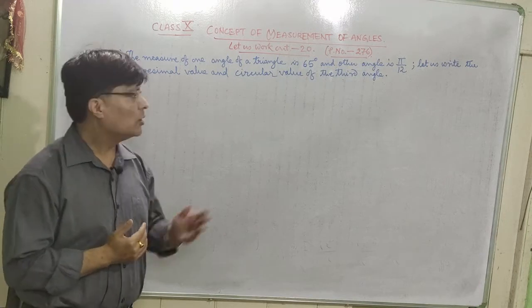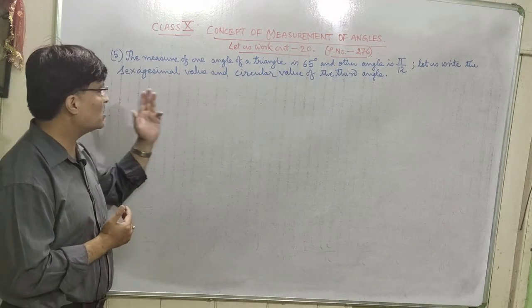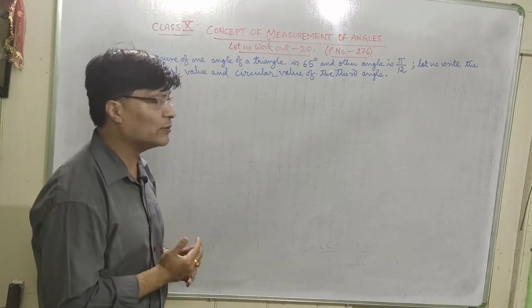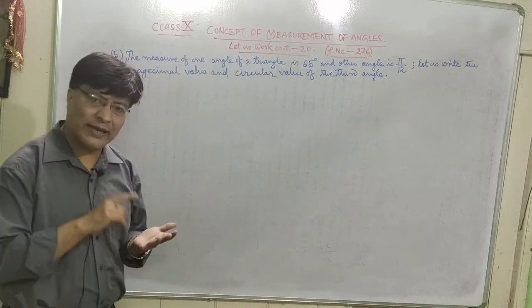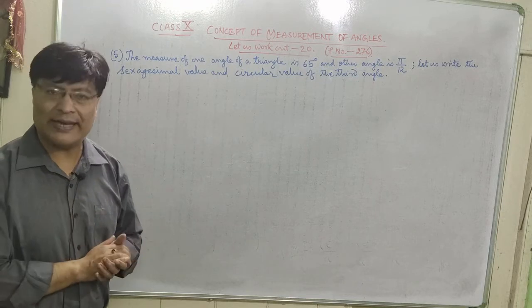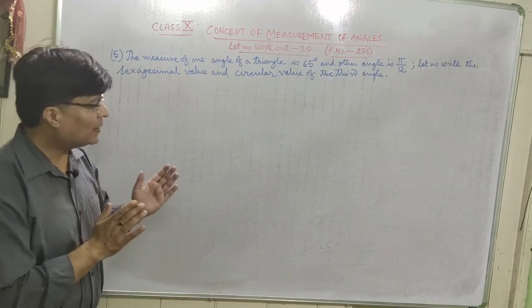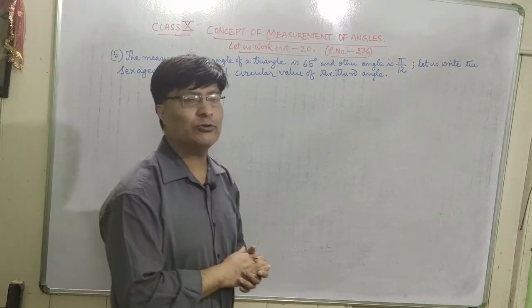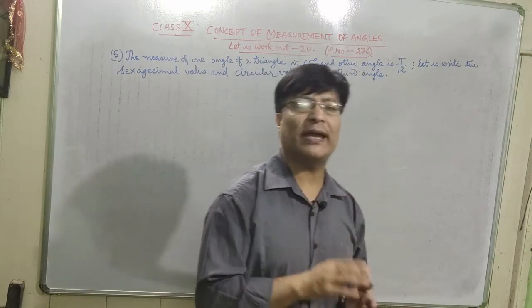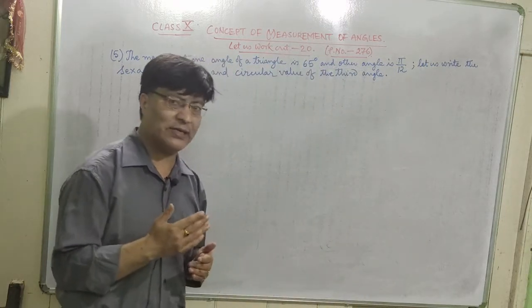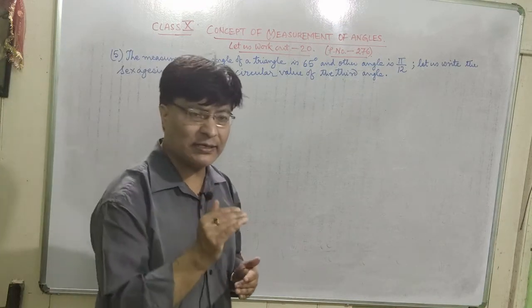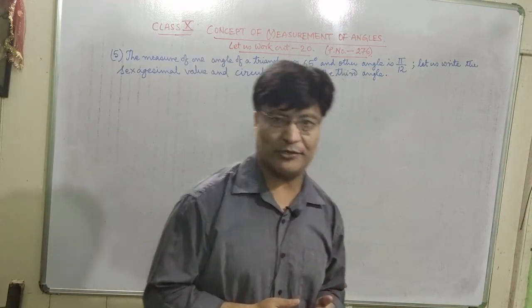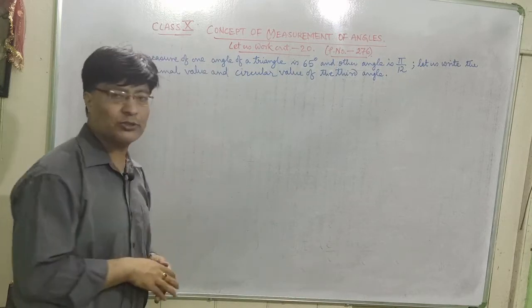You have to find out the sexagesimal value and the circular value of the third angle. And in a triangle, you know that the sum of the three angles is 180 degree in terms of sexagesimal system and pi radian in terms of circular measure. So let's do this question now.